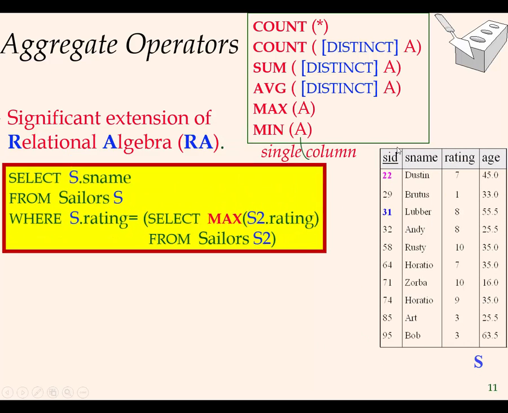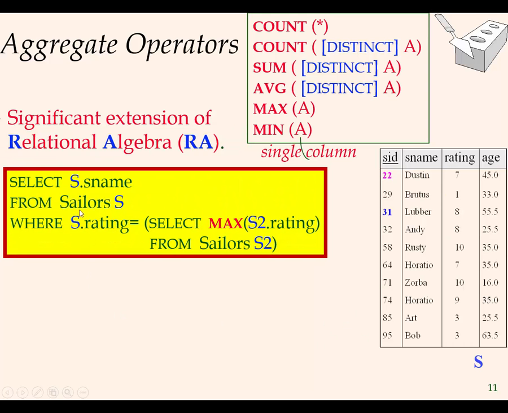So given the sailor instance, for example, if I select the name from the sailors, which is this relation, where the rating is equal to, now, this is an inner query. It will be executed first. So this is going to select the max rating from sailors. Visually, you can see the max rating is 10.